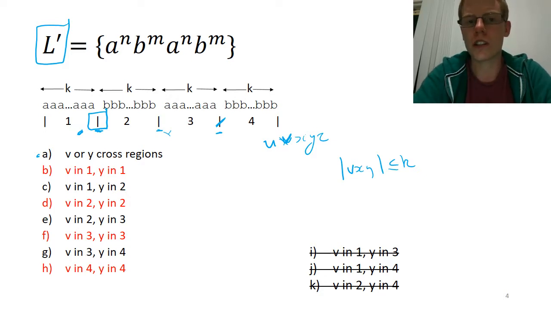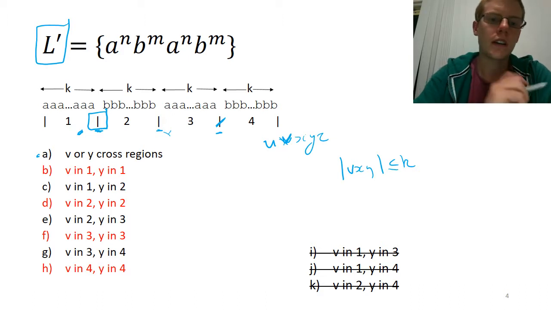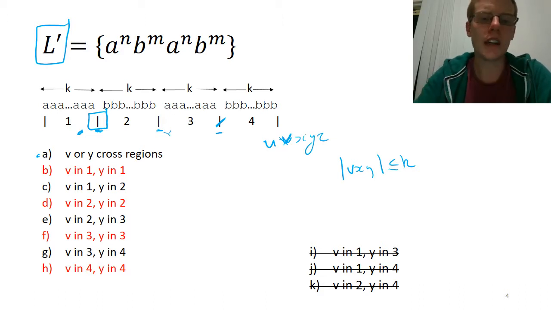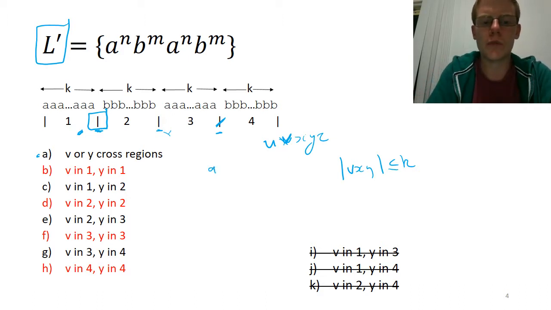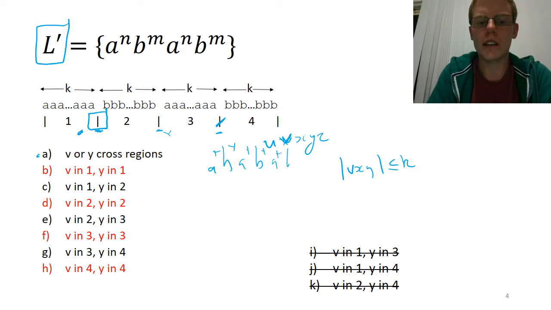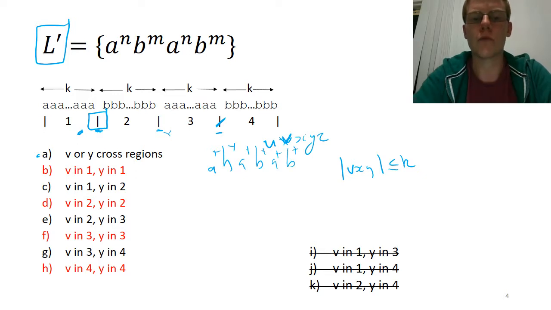So the crossing regions case is pretty simple. We can also pump in, and that would be even simpler because we'd have something that would match a+ b+ a+ b+ a+ b+, which doesn't match our original language.